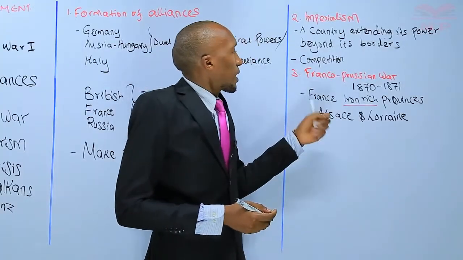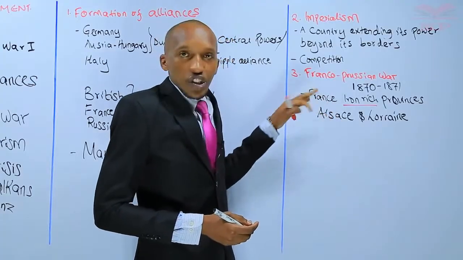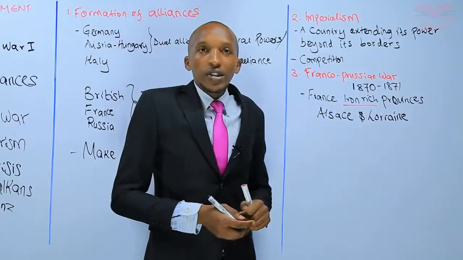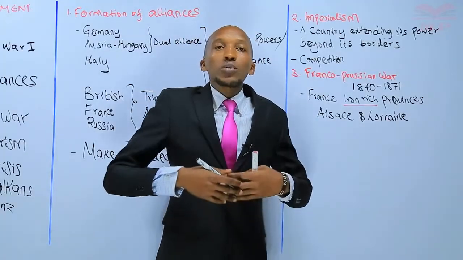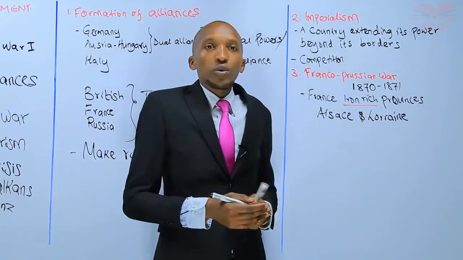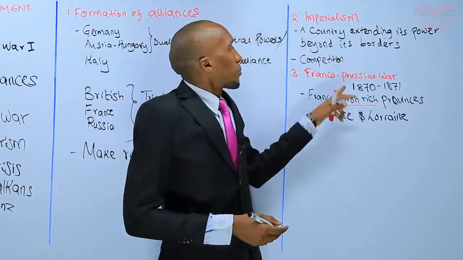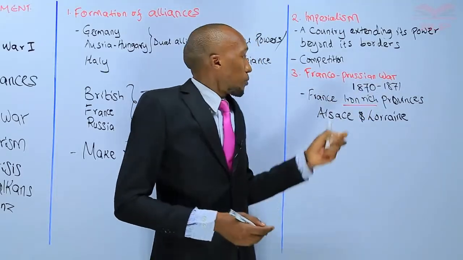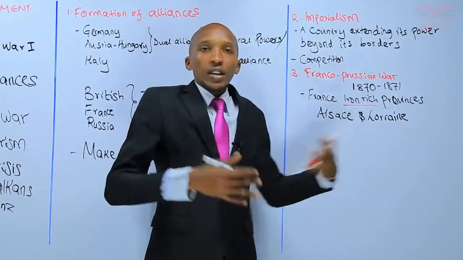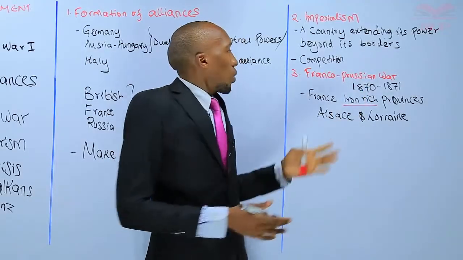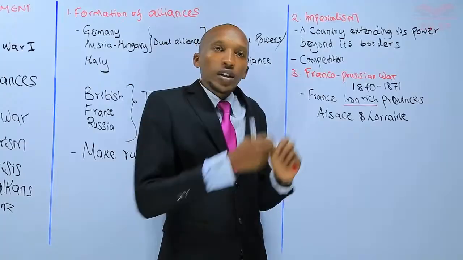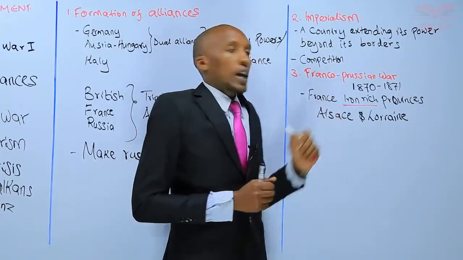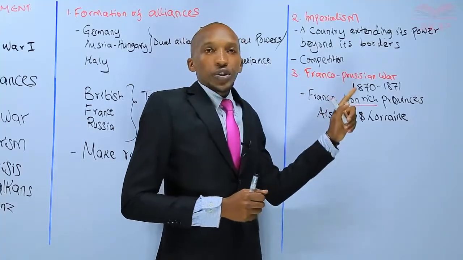So the bitterness that the French got from losing these two provinces encouraged them to fight other people, because you find Prussia now became a territory of Germany. So there was that bad blood between France and Germany. So that is all about the Franco-Prussian War.